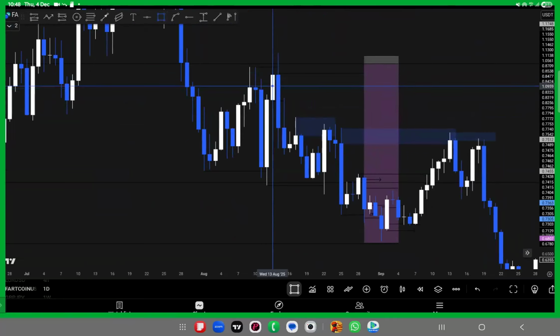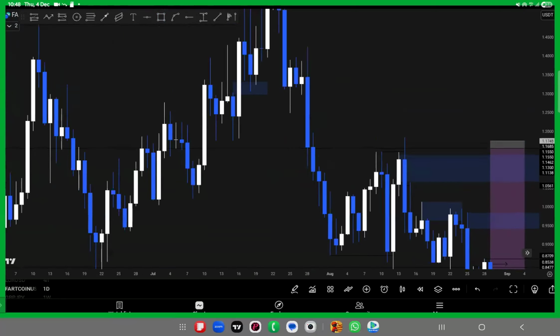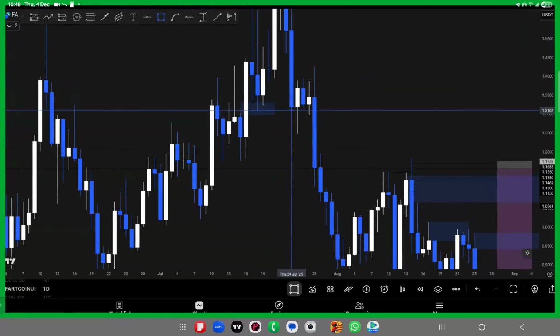You can see your supply zone here. Since this is the daily time frame, I got a supply zone of the lower time frame up above. Now you just need to take the body of the candle. I won't be able to identify it properly for you guys, but just the body.